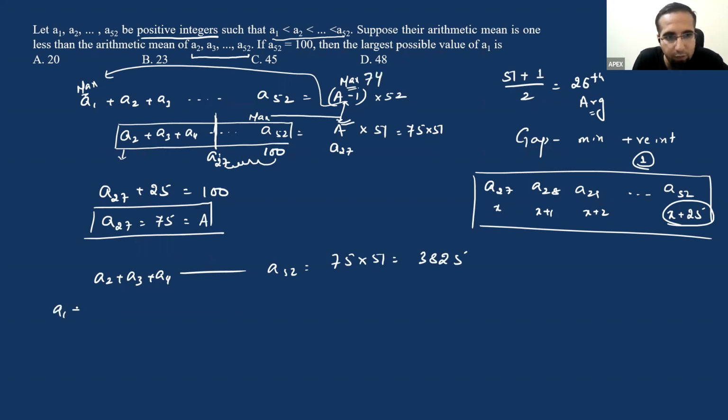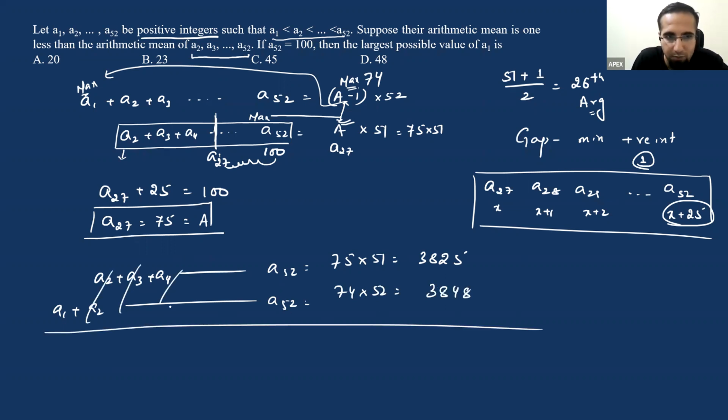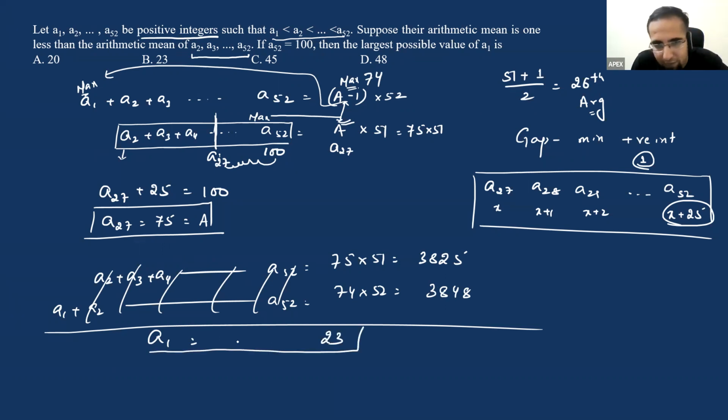So A1 plus A2, so on, so on, so on, till A52 is equal to 74 into 52, which will give you 3848. Now, if we subtract these two, all these terms will get cancelled. And eventually we have A1. A1 will be equal to how much, guys? 23. So the maximum value that A1 can take is equal to 23 given the condition.